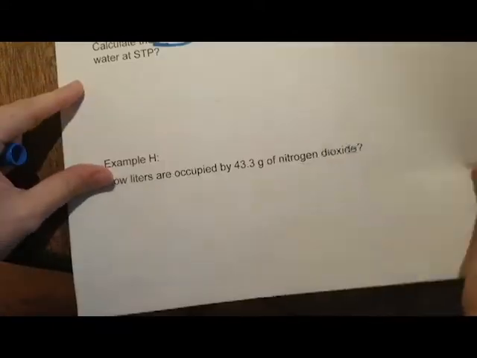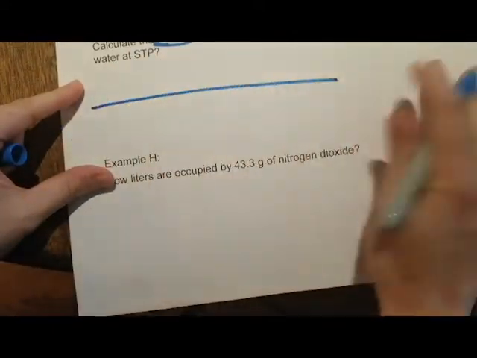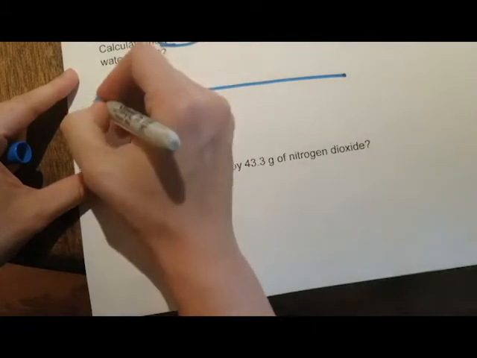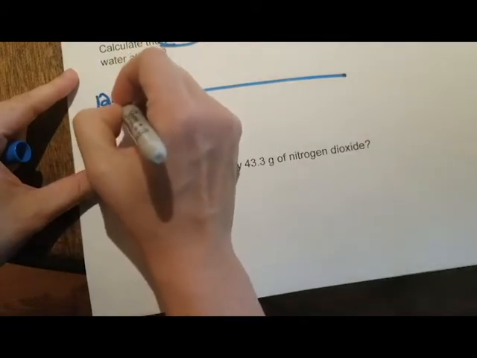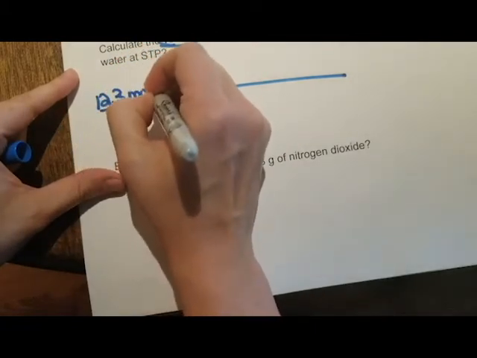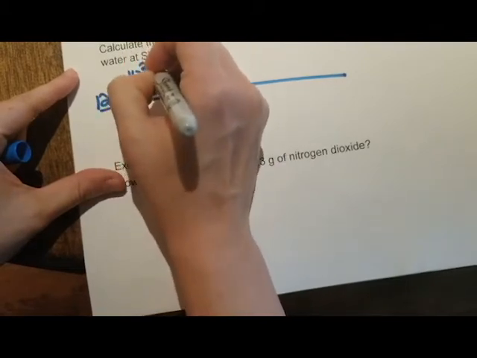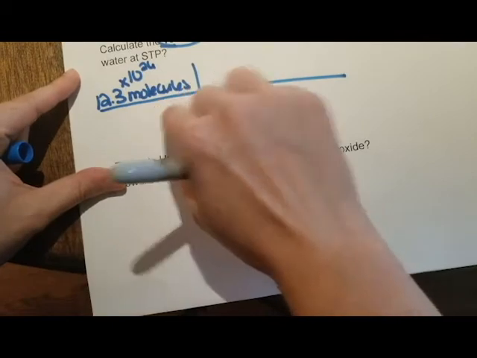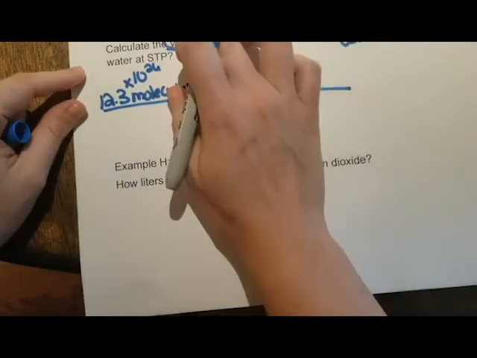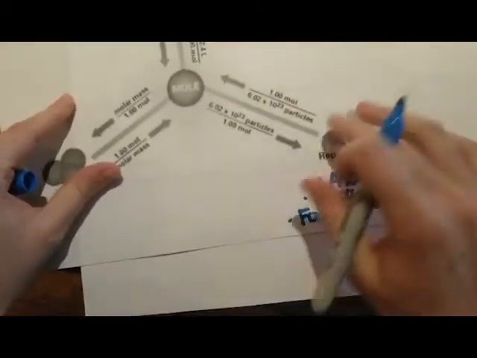So just like always, we're going to draw our train tracks. And in the very first spot, I'm going to go ahead and put my given. Then I need my conversion factor for particles to moles.